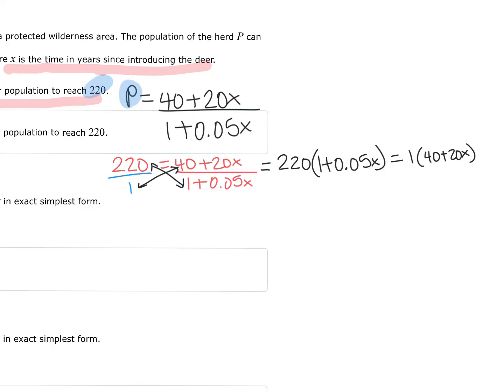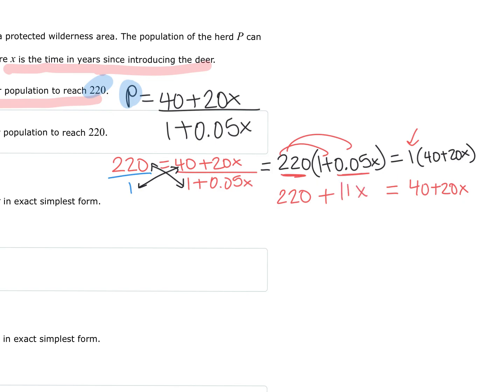And I realize that it's just a positive 1 on the right side, so this is just going to become 40 plus 20x, right? But over here, I actually need to figure out what those numbers are, right? So 220 times 1, of course, is just 220, plus 220 times 0.05, which is 11x.